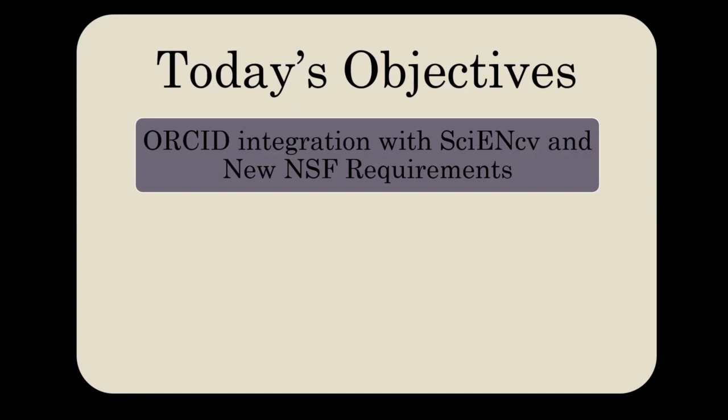NSF came out with new requirements, and they're going to be implemented in June, that you have to use one of their NSF approved formats for current pending and the biosketch. So that's one of the reasons why we want to do the training.